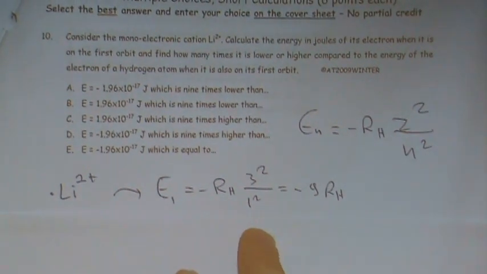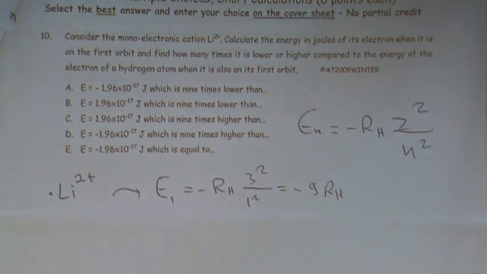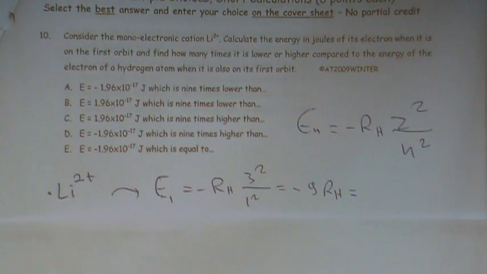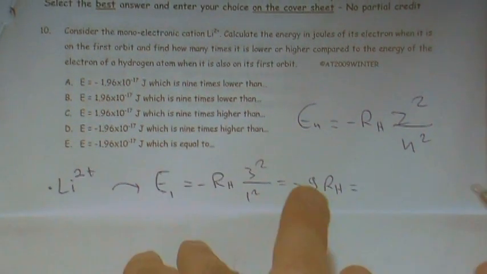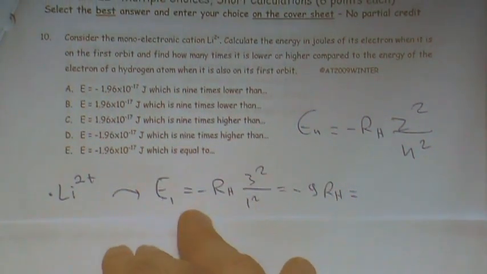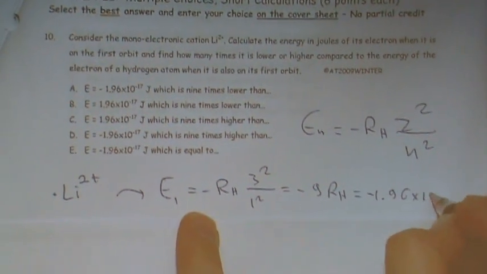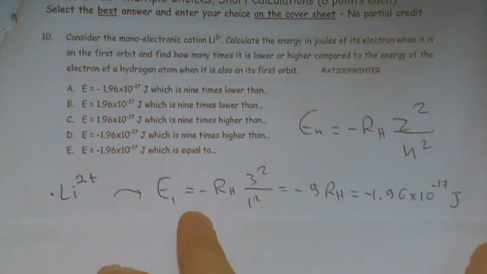Because the answers have joules, I have to do some work. You go to the last page of the exam, find the value of RH in joules, and put the numbers there. You will find that it's minus 1.96 times 10 to the minus 17 joules.